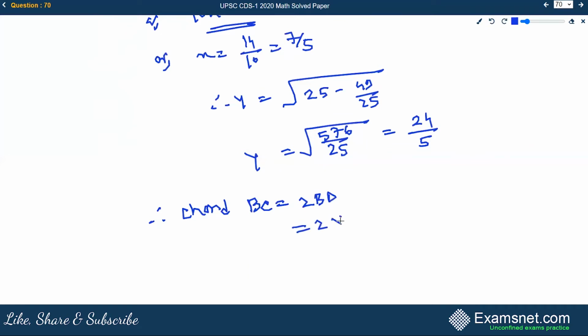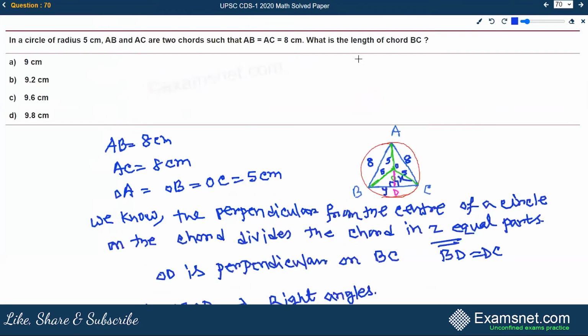Twice of 24 by 5 is 48 by 5 centimeter, or 9.6 centimeter. So yes, the length of chord BC is option C, that is 9.6 centimeter. Option C is the correct answer here.